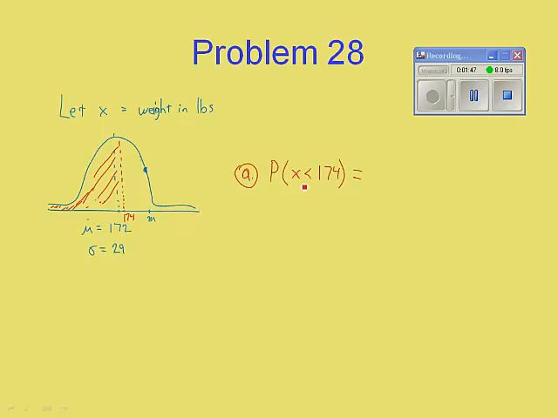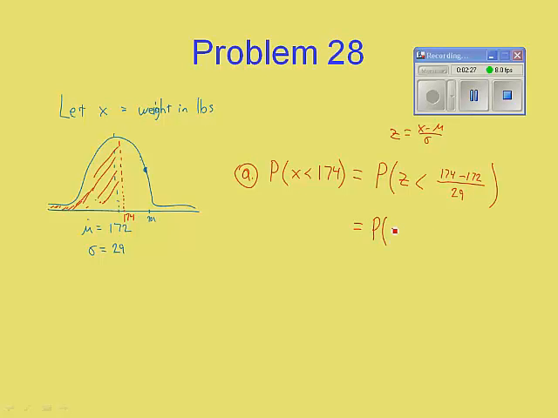Well, the probability that x is less than 174 is equal to the probability that z is less than something. What is the something? Remember, z is always equal to x minus mu over sigma. So in my example, it's going to be 174, which is my x, minus 172, which is the mean, all over 29.